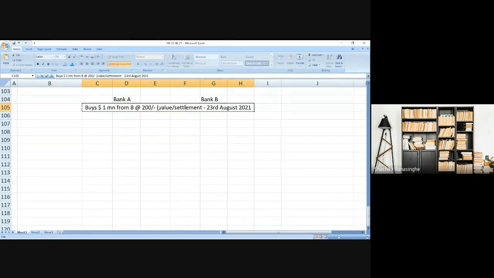So, what will A pay B? A has bought $1 million from B. So how much will A pay to B? Not $1 million. A is buying dollars.